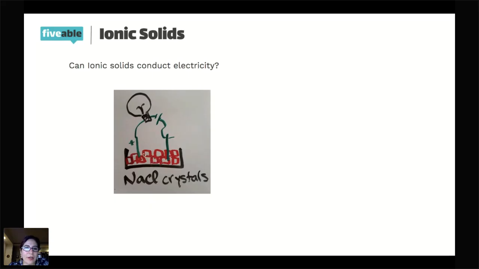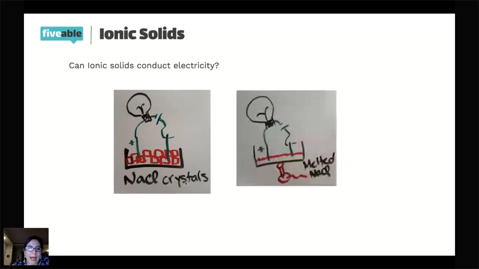They're stuck together, bonded with a strong crystal lattice. So they won't move towards the electrodes to make this flow needed for electricity. So correct. Ionic solids in crystals won't be able to conduct electricity. But what will happen if I melt the salt crystals and try again? Do you think now the light bulb will light up?